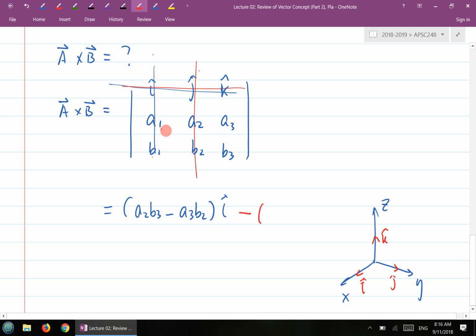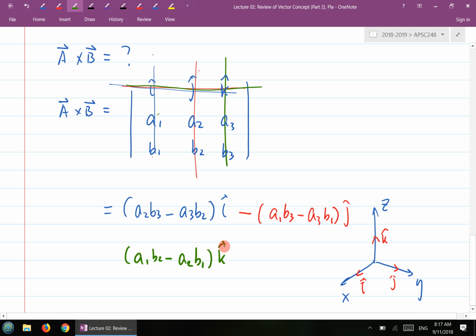So negative, and then A1 times B3 minus A3 times B1, and then times j hat. So that's your second term. And then the third term will be to cross this row and this column, and then calculate this determinant, which is A1 B2 minus A2 B1 times k hat.